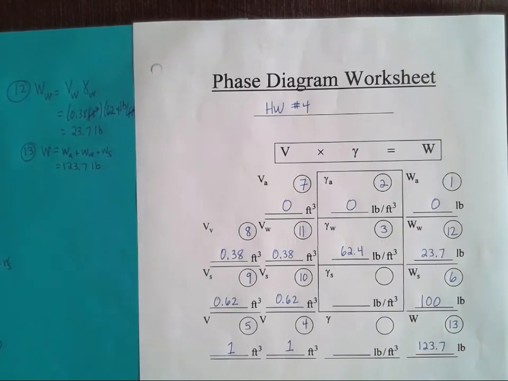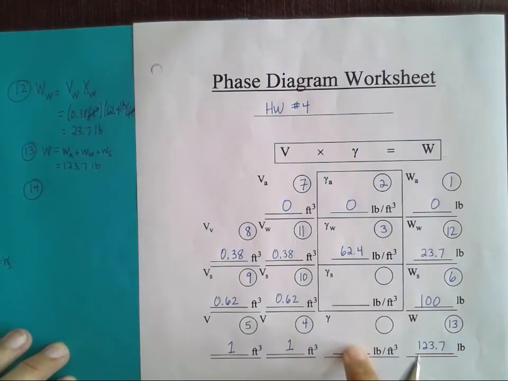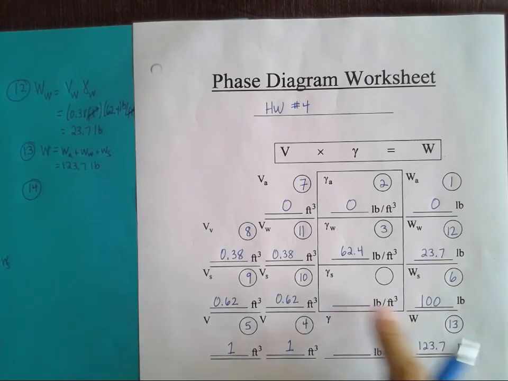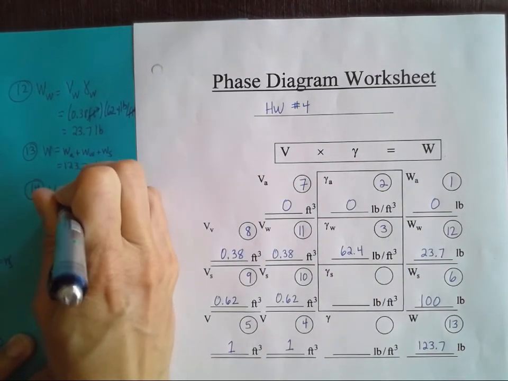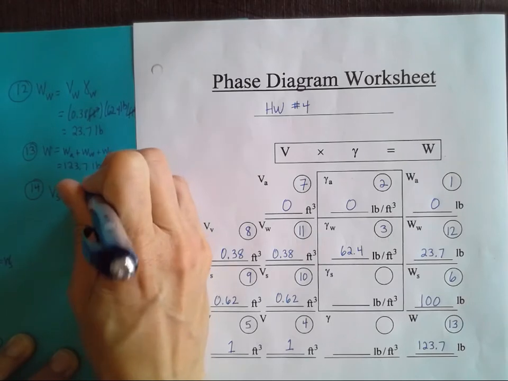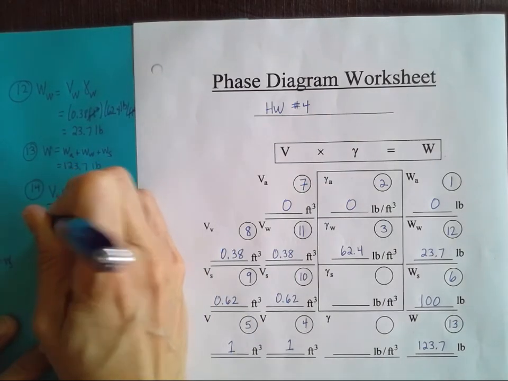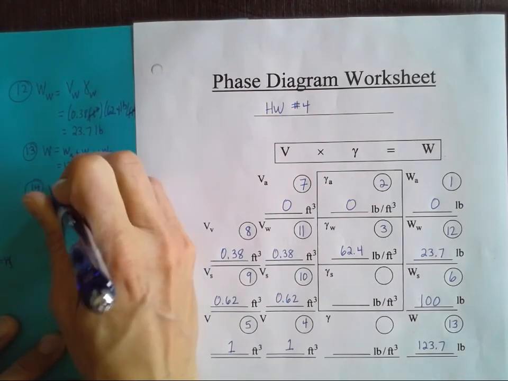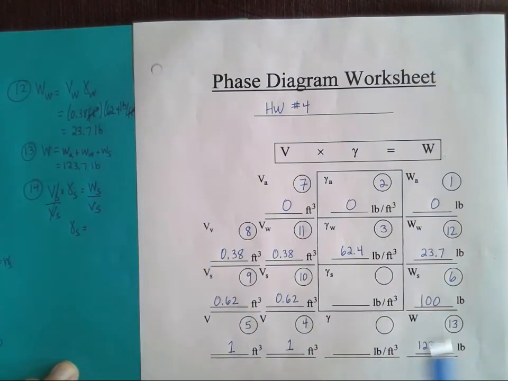And then I'm going to go ahead and solve for my gamma solids here. You could also solve for the gamma total either way, but I see this, so I'm going to do that. I remember I use my top here: the volume of the solids times gamma of the solids is going to equal the weight of the solids. But the thing I'm looking for here is gamma solids, so I'm going to divide both sides by the volume of the solids. Those will cancel out. I'll wind up with gamma solids equals weight of solids divided by volume of solids.